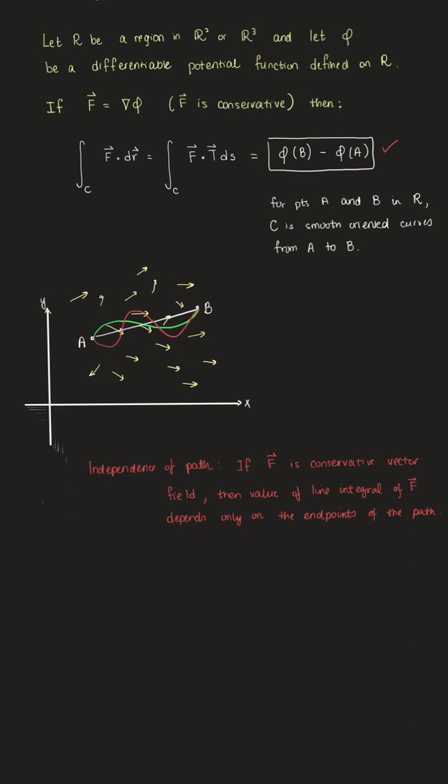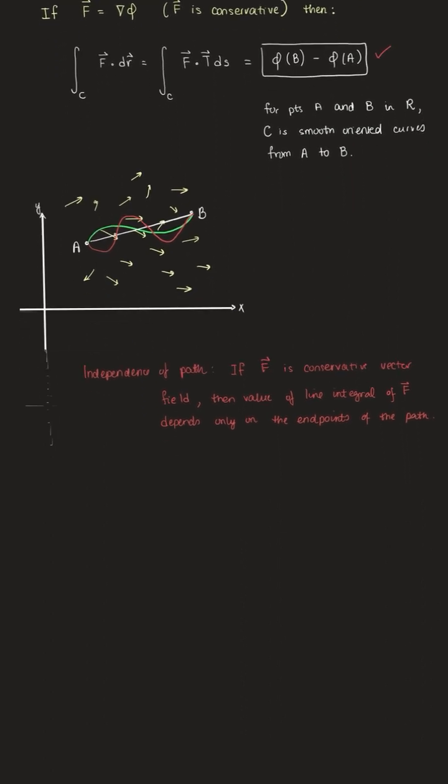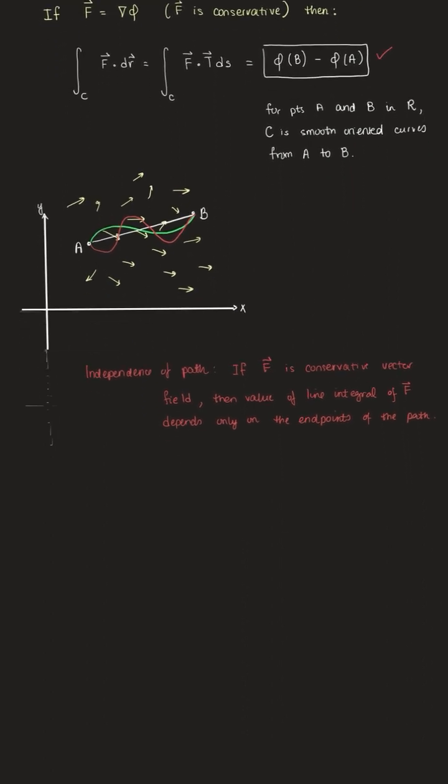So let's do a quick proof of this theorem. So I'm proving the fundamental theorem of line integrals. And before I prove it, let's just recall the following form of the chain rule.